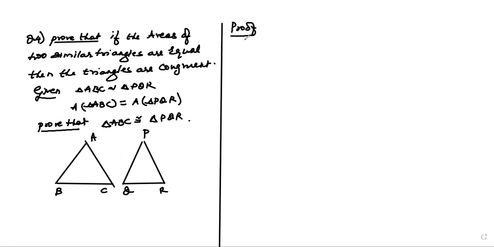So what I do, first I say triangle ABC similar to triangle PQR. This is given to us. Got it? So now areas are equal. What I do, area of triangle ABC upon area of triangle PQR. Because the word area has come, I think of this theorem: the ratio of the areas of two similar triangles is equal to the ratio of the squares of the corresponding sides.